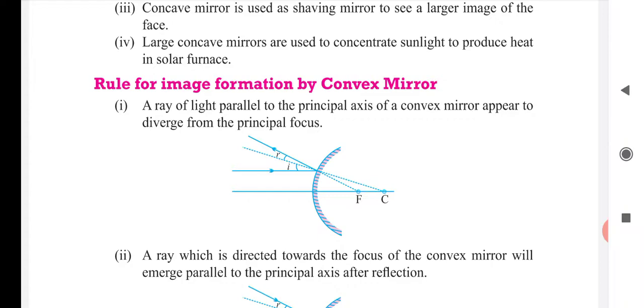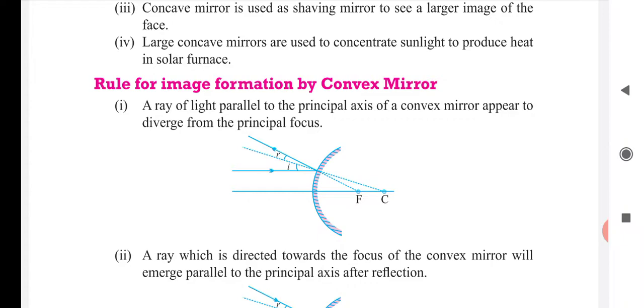As you can see, it is diverging because a convex mirror is a diverging mirror. It will diverge the rays falling on it. If you draw this reflected ray backwards, it always meets at the focus.